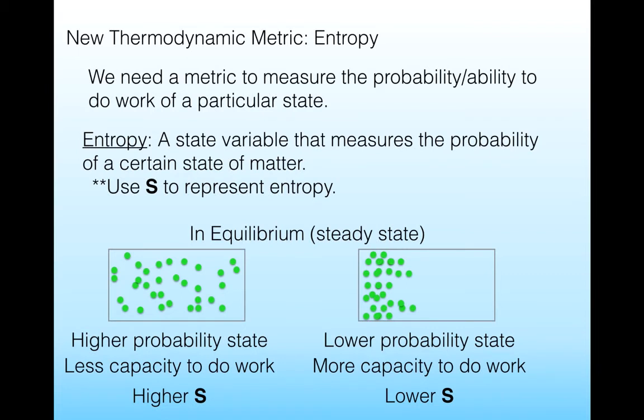We're going to use S, capital S, to represent entropy. And in the case of these two things, we can say that the particles in a distribution similar to the one displayed on the left have higher entropy, whereas the particles on the right have lower entropy. And now that we have a way to quantify this probability, the probability of being in a particular type of state, we can use that to say how systems will evolve over time.